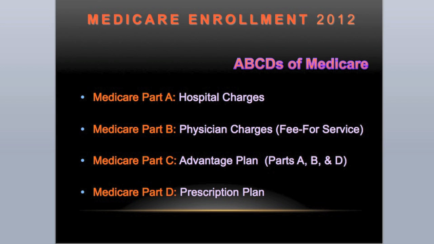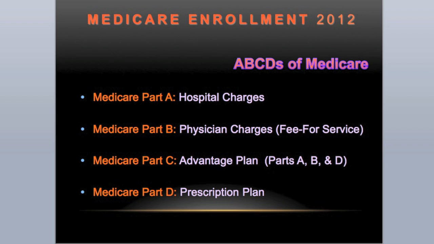And based on the allowable charges, Medicare pays 80%, whereas you are responsible for the 20% unless you have a secondary insurance which pays for your deductible and 20% co-insurance or copay.